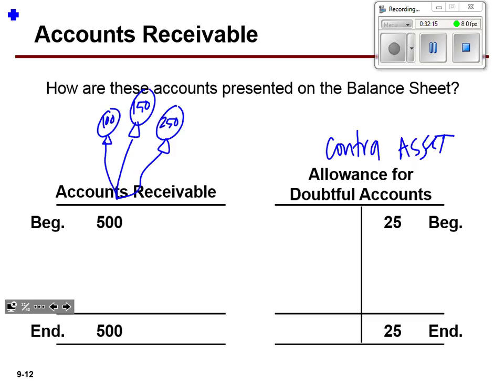So instead of running around with $500 worth of assets, we offset that by the $25 we probably won't see. Instead of writing it off, we're just going to deflate it. We hope that eventually we will get paid that 25 bucks. But we have this little floater account now saying we're not floating up in the air. We're realists here. We know that probably not everybody's going to pay their bill.